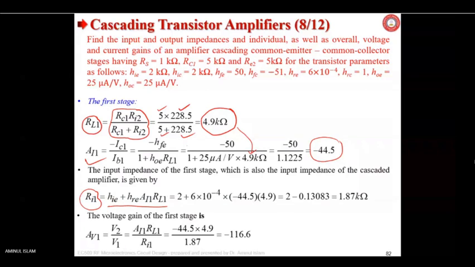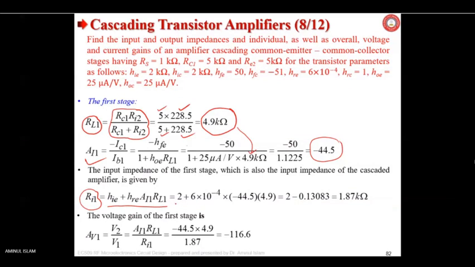Earlier we have written HI plus HR into AI into ZL, in general. Now we are writing specifically because the configuration of Q1 is common emitter, so we are putting the subscript E, indicating that it is common emitter.